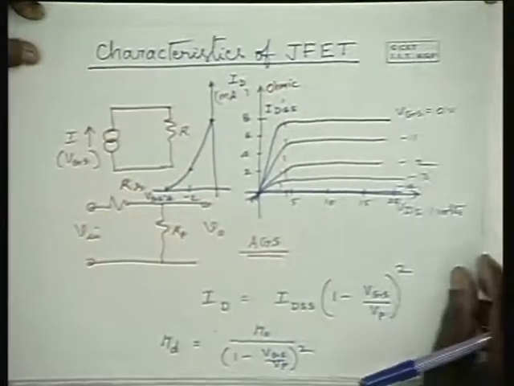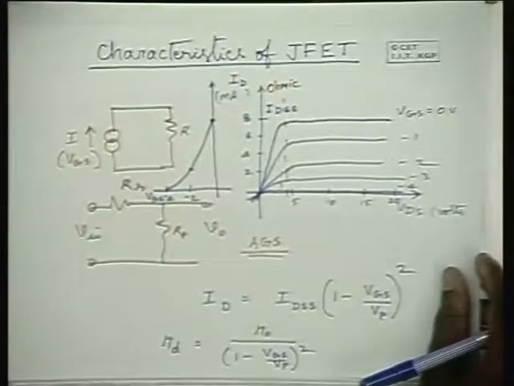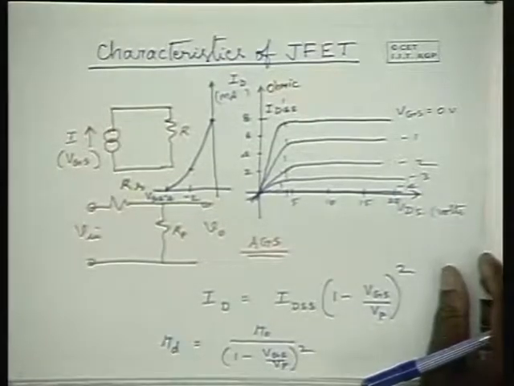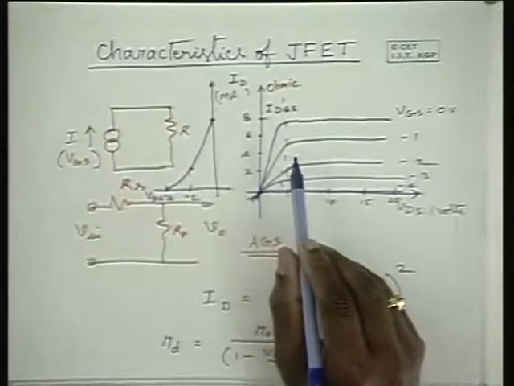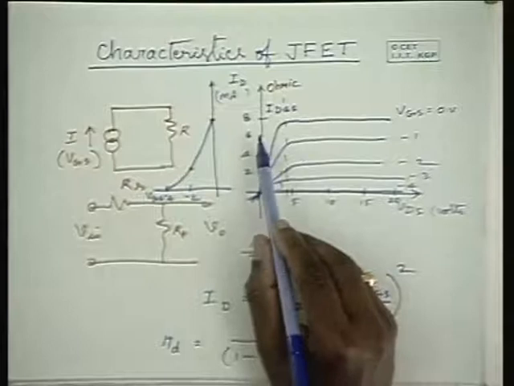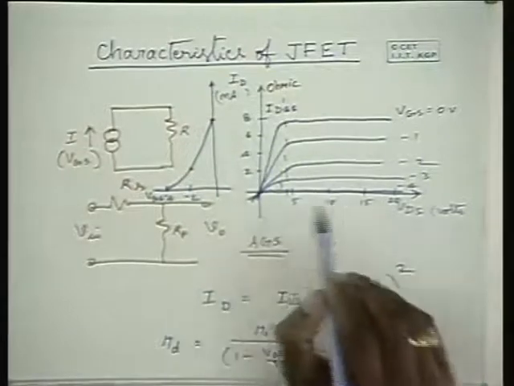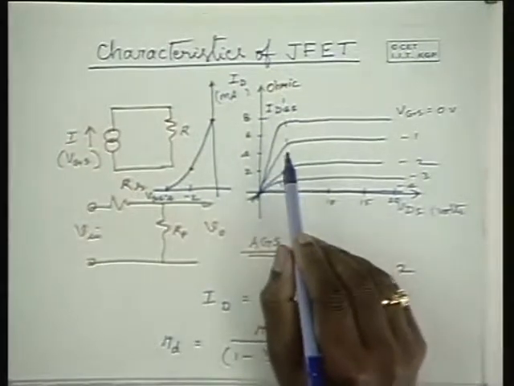Any questions on the characteristics of FET? So the voltage dependent resistance depends upon VGS or VDS? The question is, what does the voltage dependent resistance depend on, VGS or VDS? Please note that the channel itself is acting like a resistance, and the voltage applied across the channel is VDS, and the current flowing is ID.